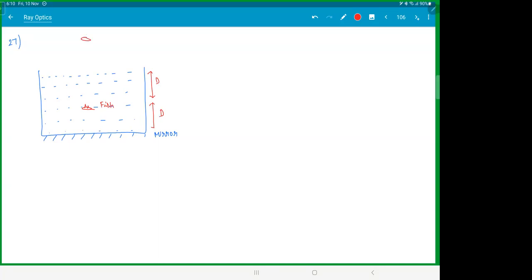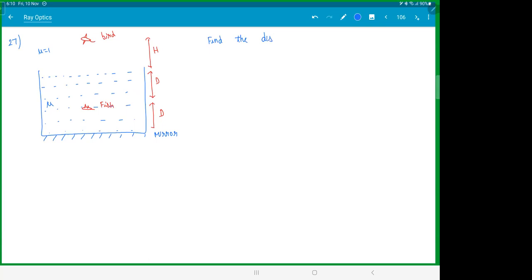Exactly on top of the fish, there is a bird at a height h. Outside is 1. The liquid's refractive index is mu. Get the scenario?